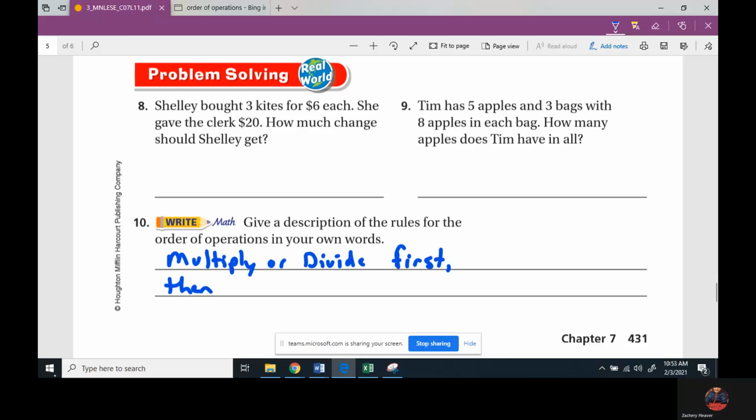Then add or subtract. And remember, it's whichever one comes first. So we multiply or divide first, then add or subtract. Okay?